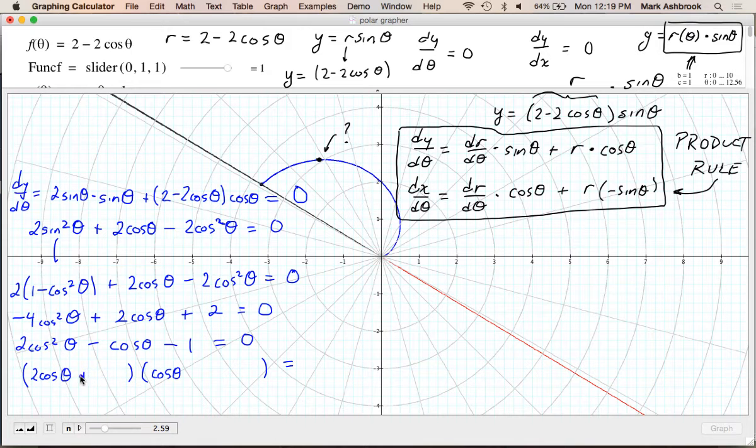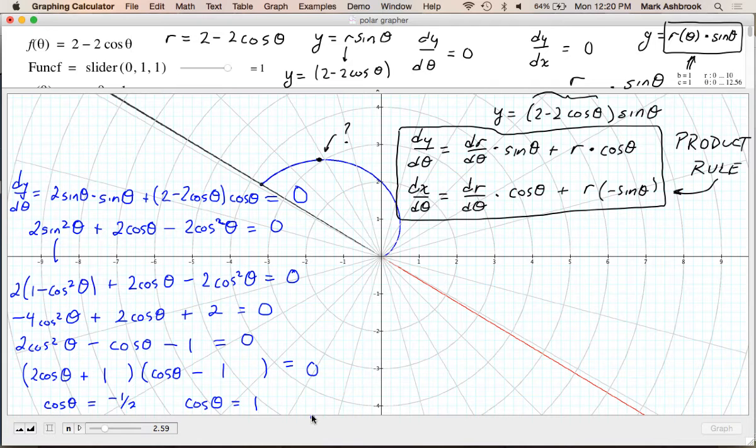This one's going to be plus 1, and this one's going to be minus 1. So I get cosine theta equals negative 1/2, and then cosine theta equals 1.